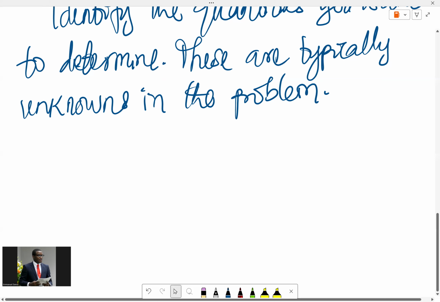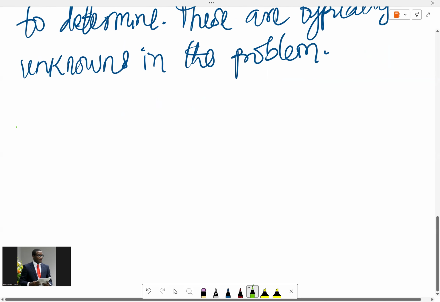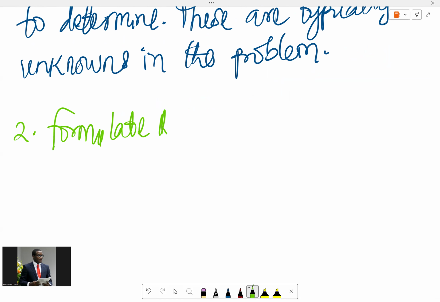Then number two, you have to formulate the objective function.